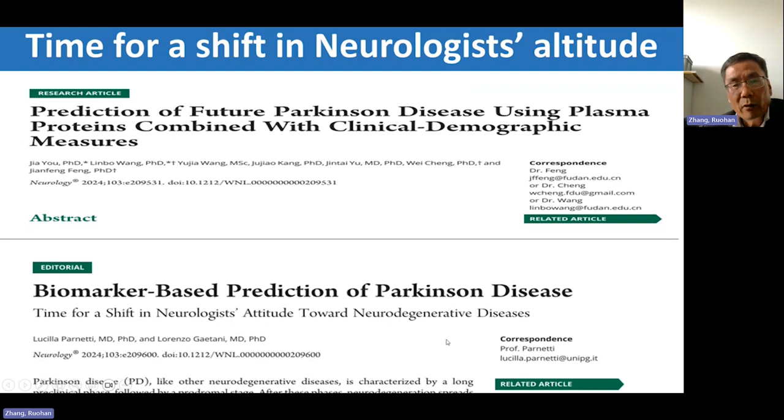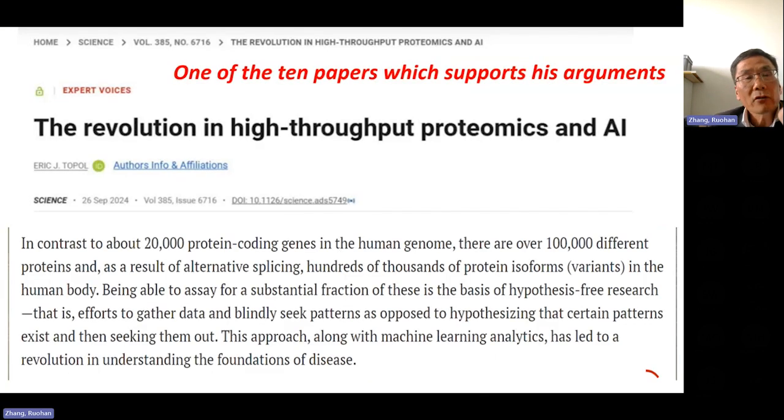We can use the proteins to diagnose it early, hopefully. Also, there's a Science paper published last year, about revolutionary high-throughput proteomics and AI. Essentially, combining proteomics and AI, we can do some good jobs.